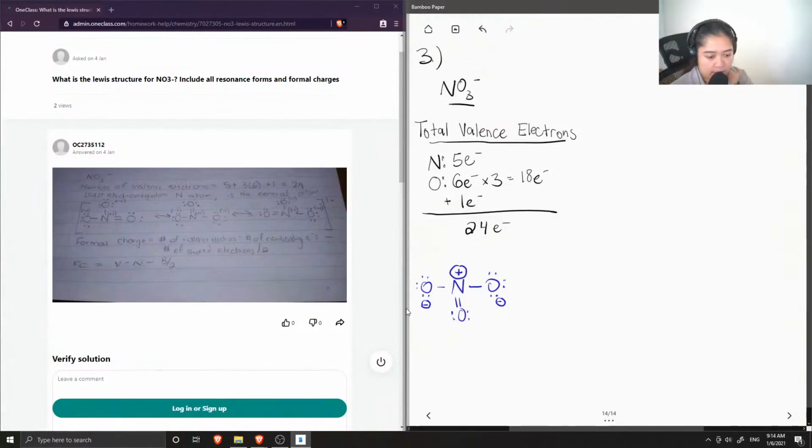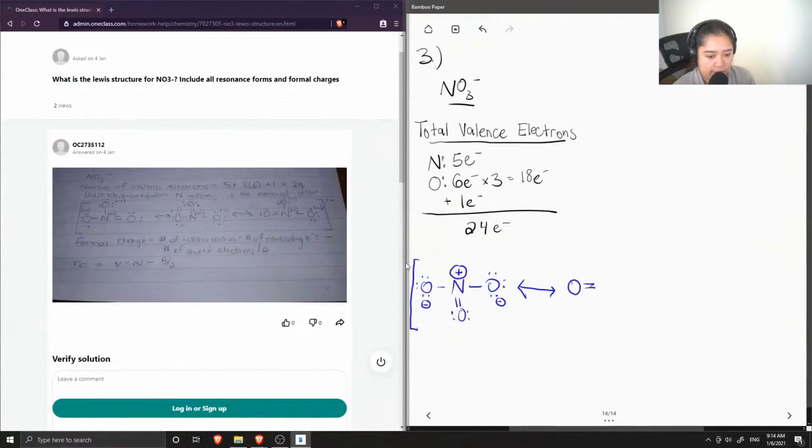Since one of the negative charges is cancelled out with the positive charge, this overall molecule has a -1 charge, which is good, which is expected.